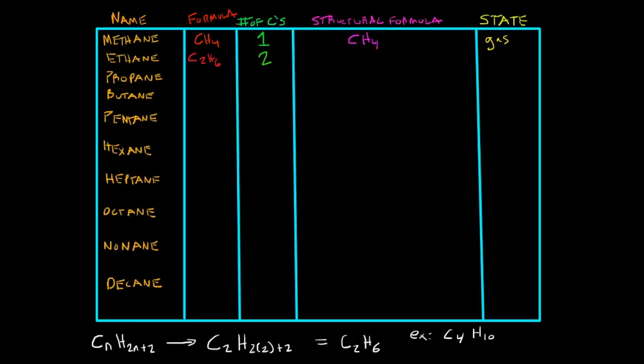The structural formula is CH3CH3, and its state is still a gas. Next in line we have propane. It has 3 carbons, C3H8.